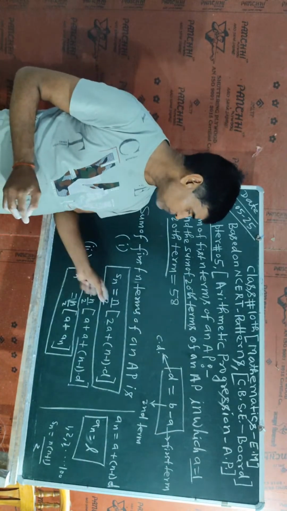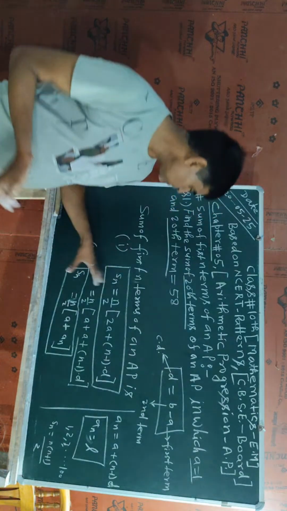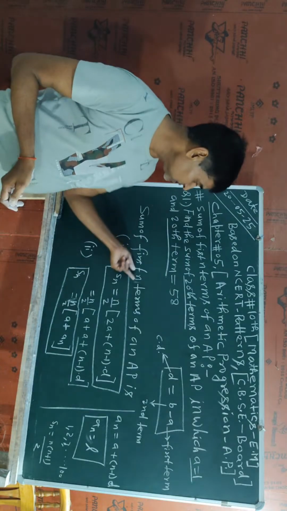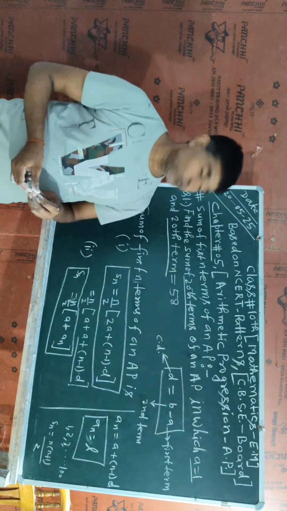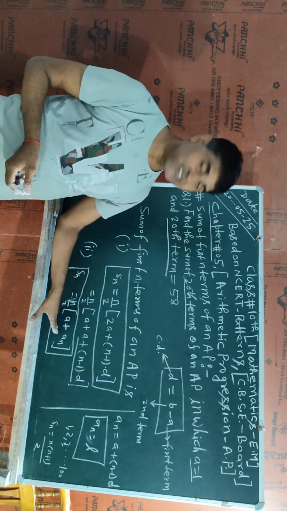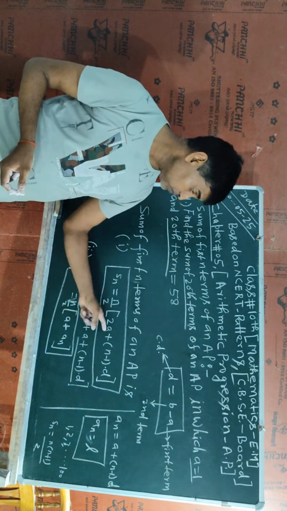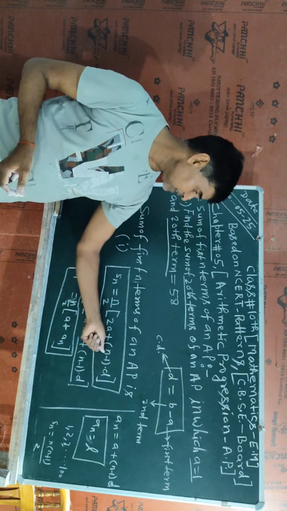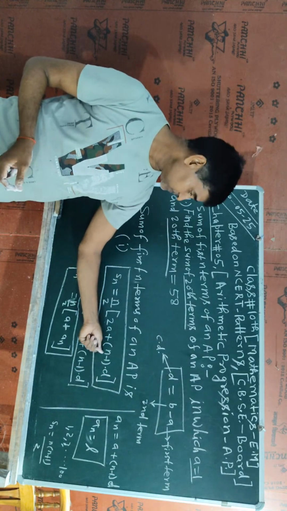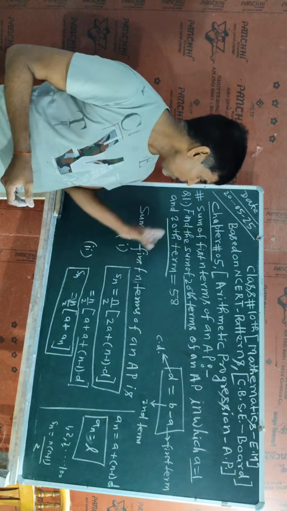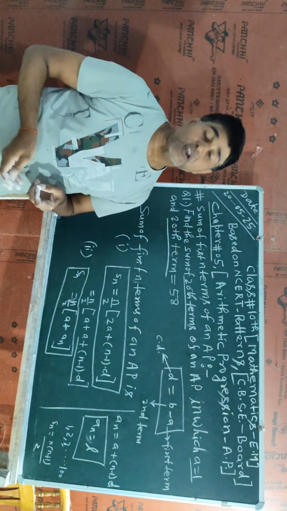This formula can be used for the sum of first n terms of an arithmetic progression if the first and last term are given. If the first term, common difference, and number of terms are given, you have to use the other formula for getting the sum of first n terms of an arithmetic progression.